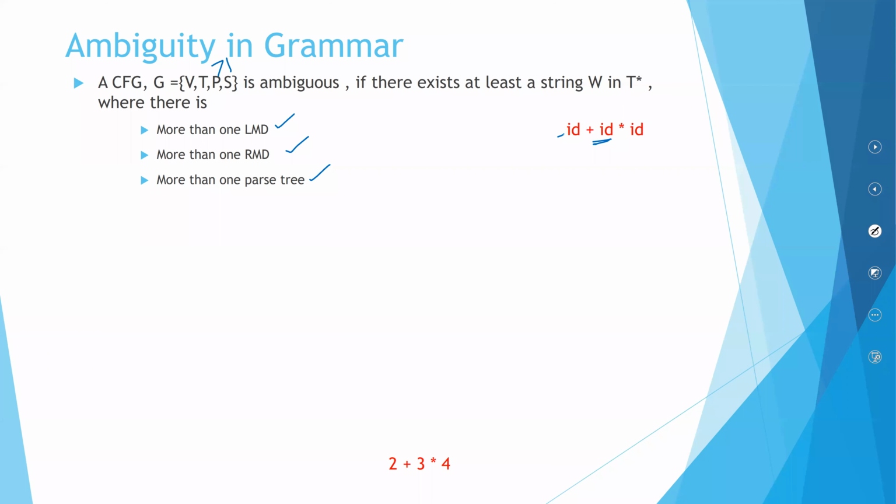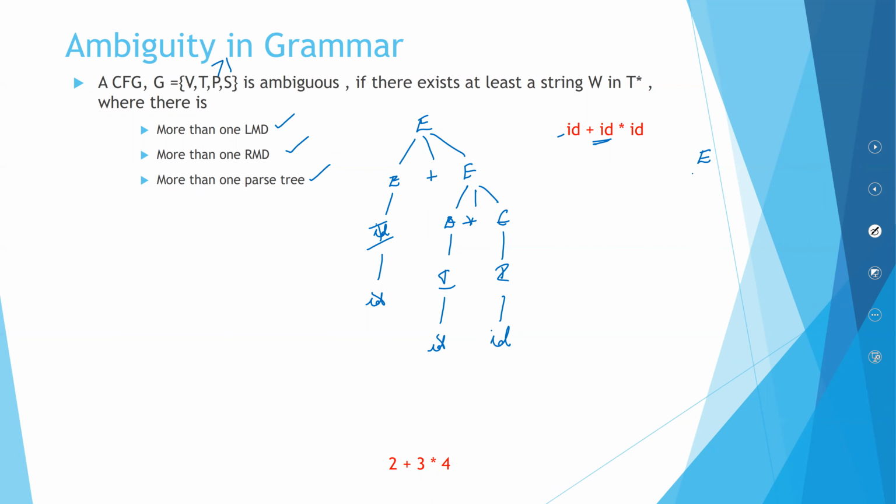I'll directly go into the parse tree. There are two ways in which you can do it. You can start with E plus E. E is I, this is ID. E into E, E is I, E is I, this is ID, this is ID. This is one parse tree. You can draw a completely different parse tree.